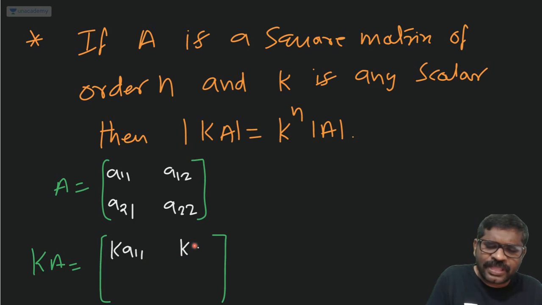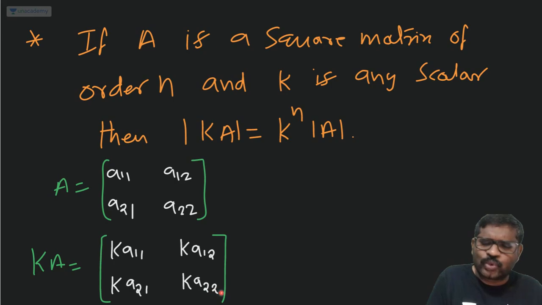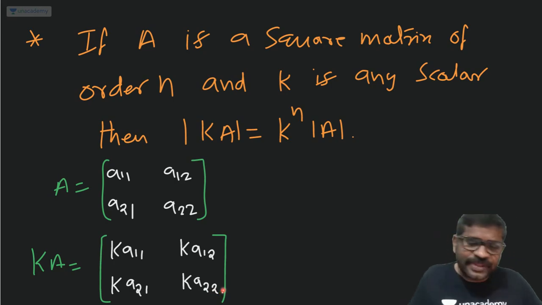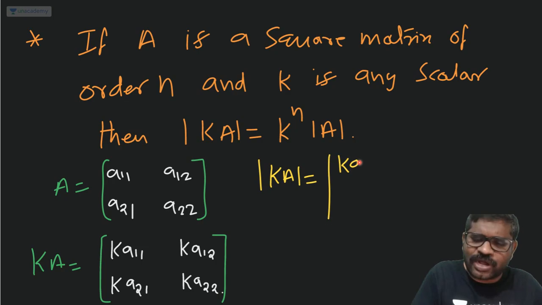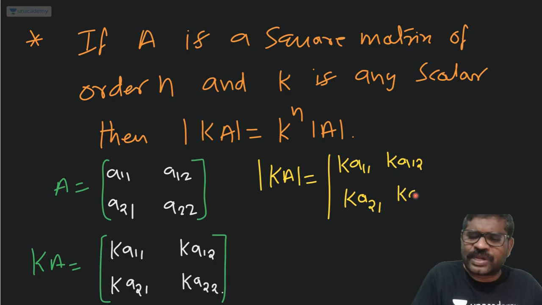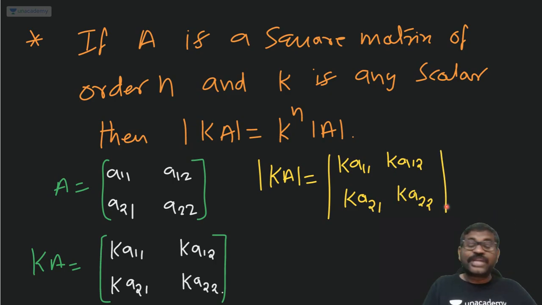Here KA is KA11, KA12, KA21, KA22. Right? Now, the determinant value of KA equals the determinant of KA11, KA12, KA21, KA22. You take K common from the determinant.